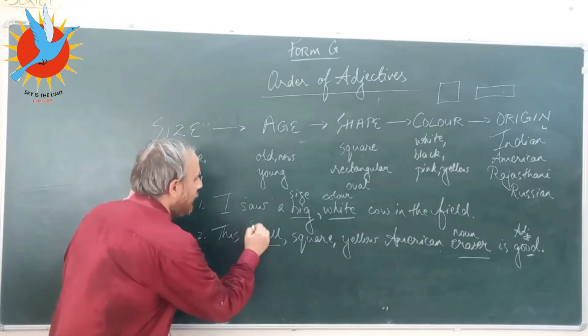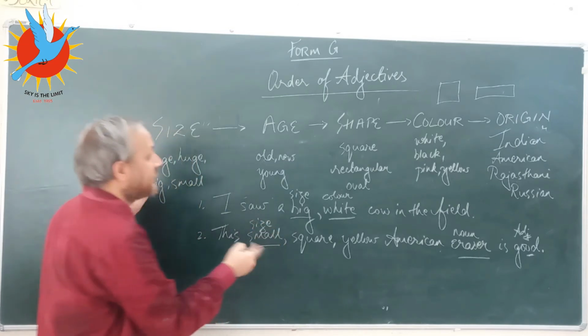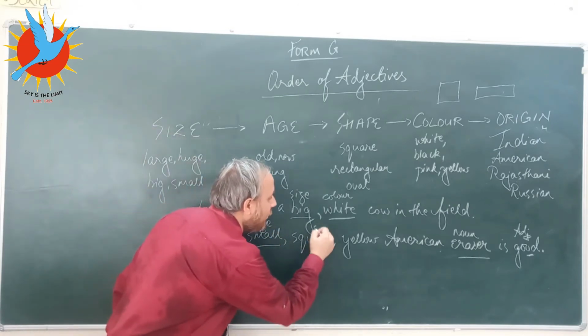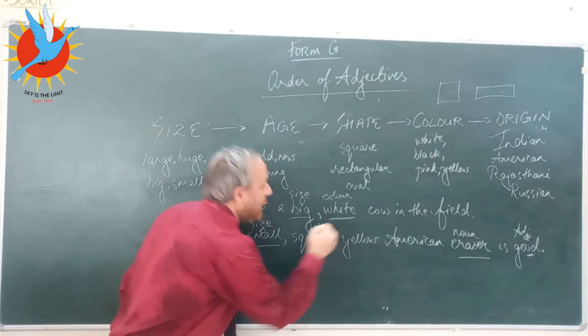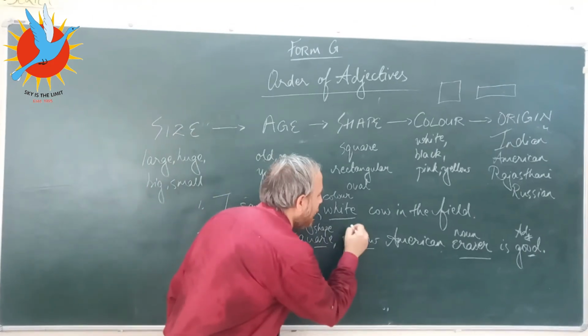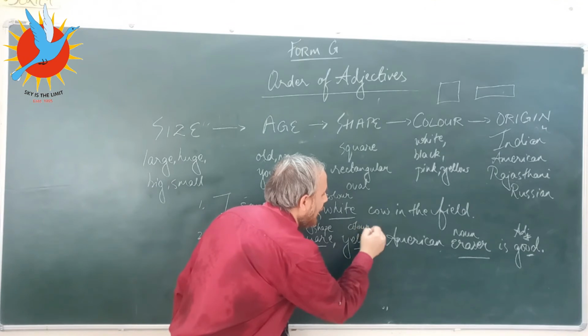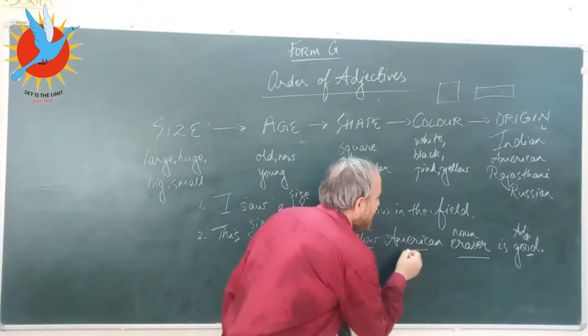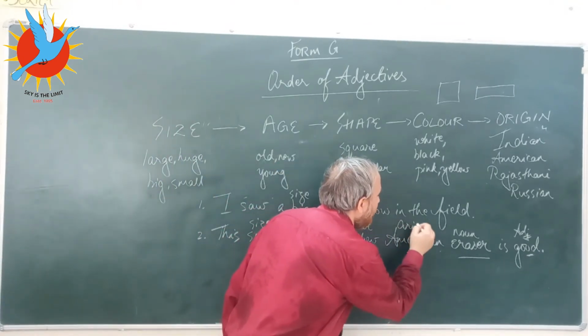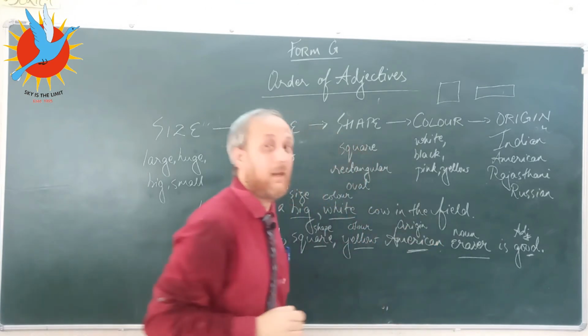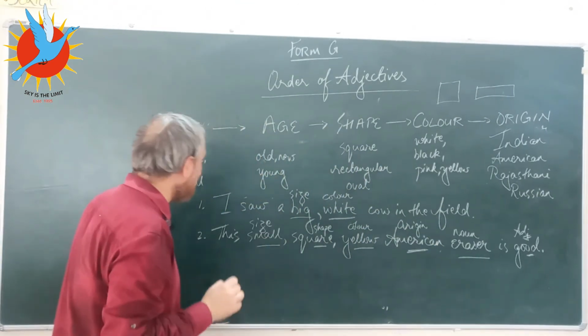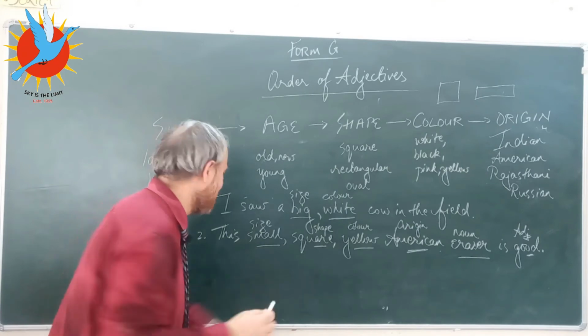Adjective of size. Square is adjective of shape. Yellow is adjective of color. And American is an adjective of origin.